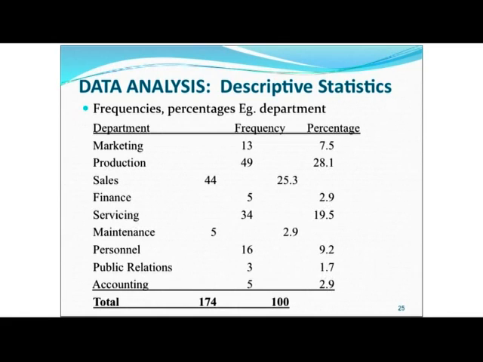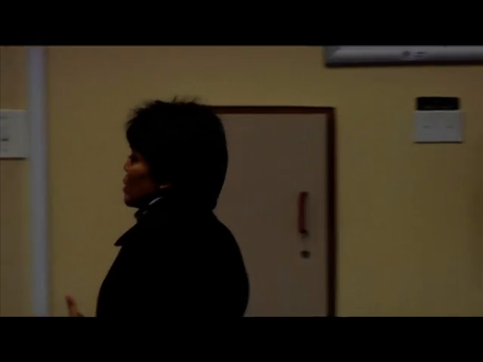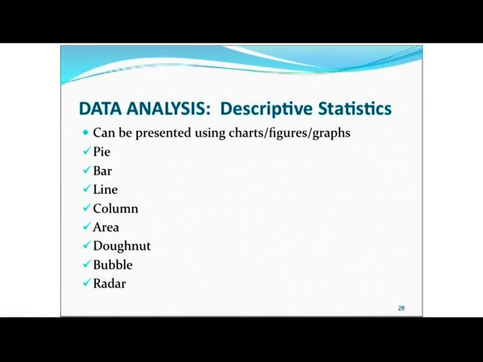Remember you'll have the same for gender, the same for age, the same for tenure. Then you can go ahead and present it in some kind of graph. Now your programs, Word and so forth, do these very well. So basically using the bar, the pie chart, the line, the column graph, the area graph, the donut, the bubble, the radar, whatever you want. Of course, you can choose the appropriate one for the appropriate place.